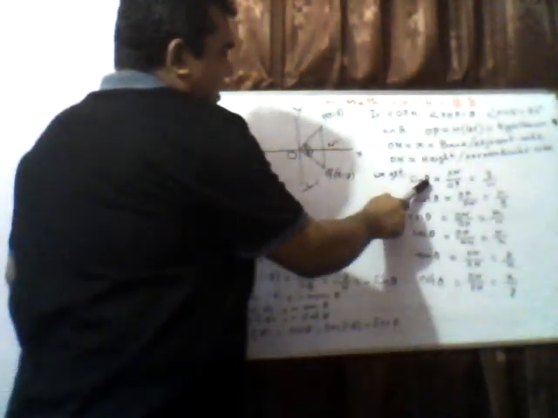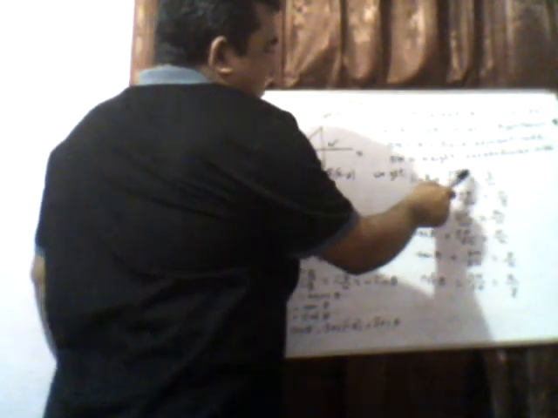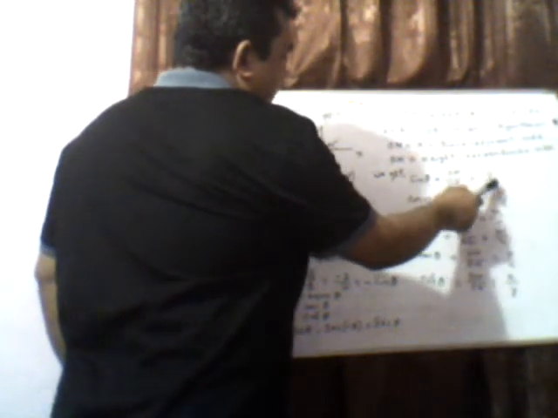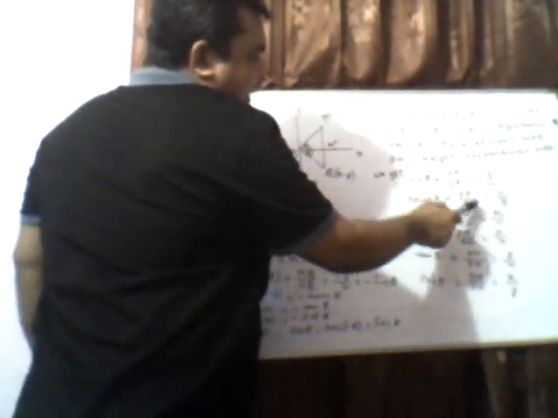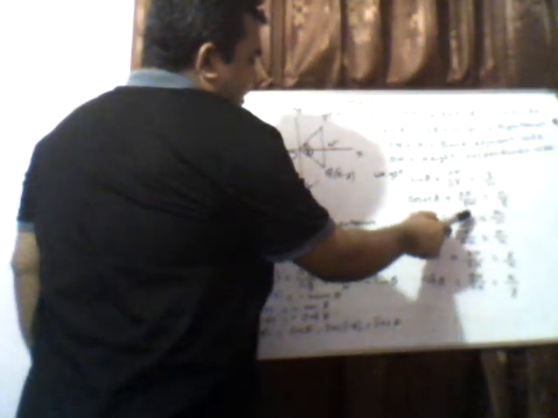So we get sine theta equals PN divided by OP, that means height divided by hypotenuse equals y divided by r. Cosine theta equals ON divided by OP, that means base divided by hypotenuse equals x divided by r.